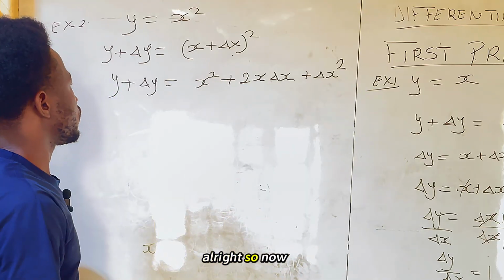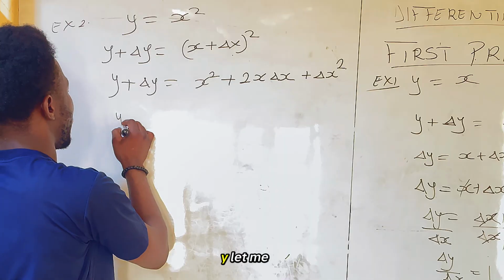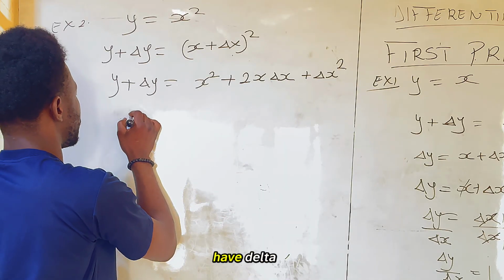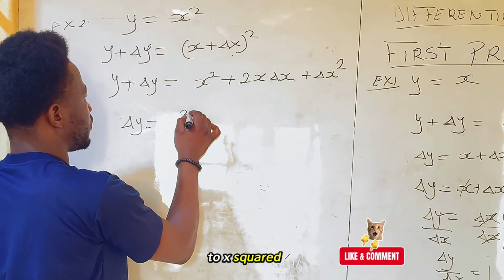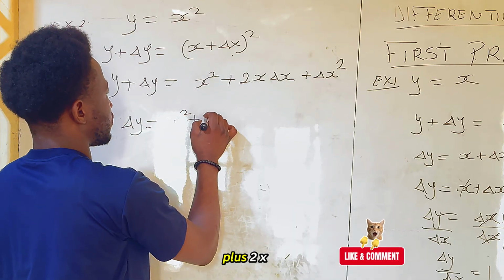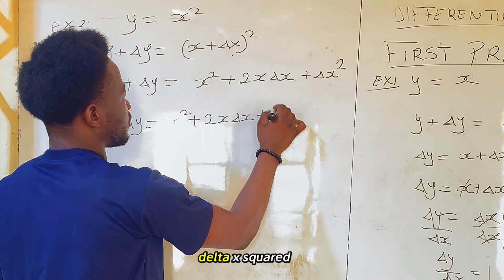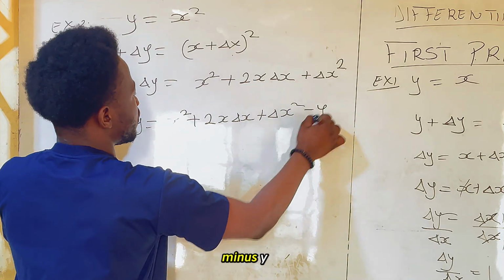Alright? So now let me just group like terms. We have delta y equal to x squared plus 2x delta x plus delta x squared. I'm bringing the y here, so it is going to be minus y.